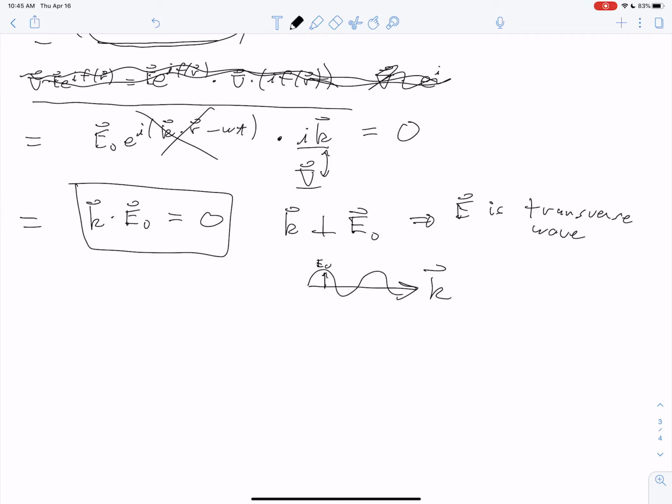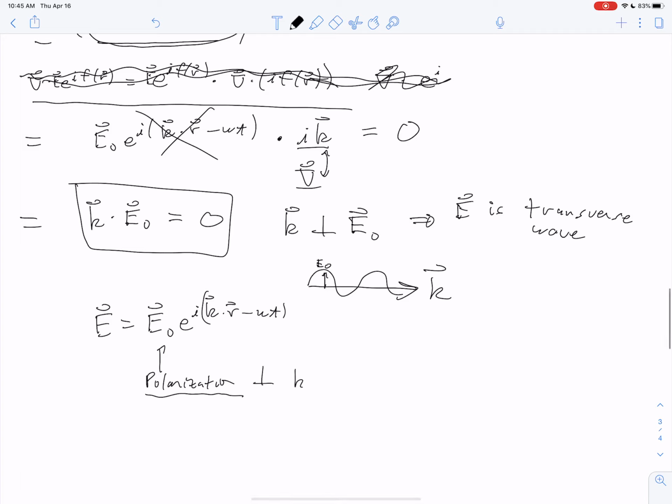Because remember, the electric field is E naught e to the i k dot r minus omega t. And so this is the polarization. And so the polarization of the wave has to be perpendicular to k. And that's an important constraint.